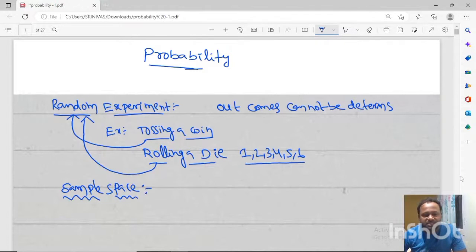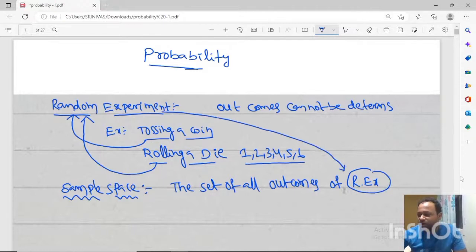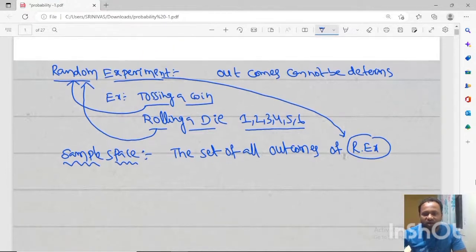Sample space means the set of all outcomes of a random experiment. The set of all outcomes of a random experiment is called sample space. What do you mean by set of all outcomes? I will take an example. Generally sample space we will denote with S.